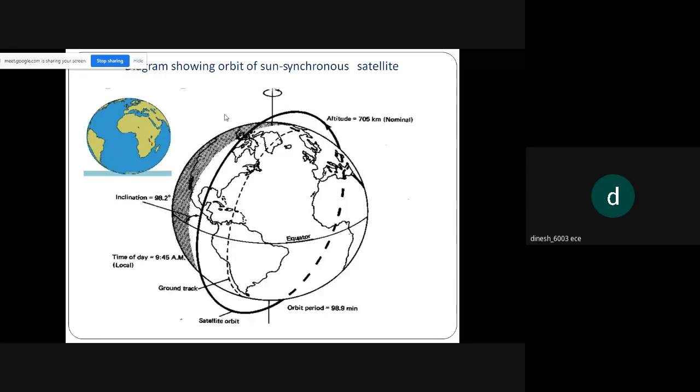The relativistic diagram: we have the Earth, and surrounding that we have a sun synchronous satellite. During daytime, we can measure the Earth's information inclined at an orbit.